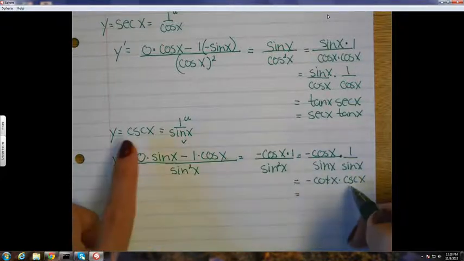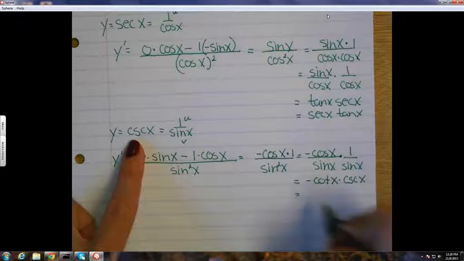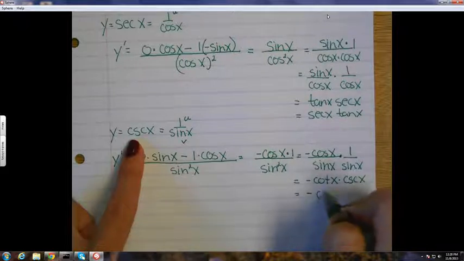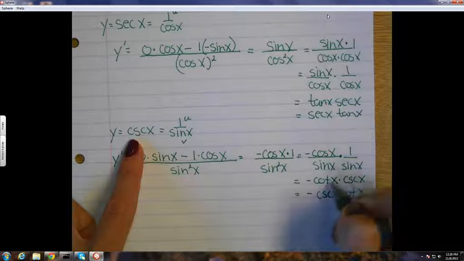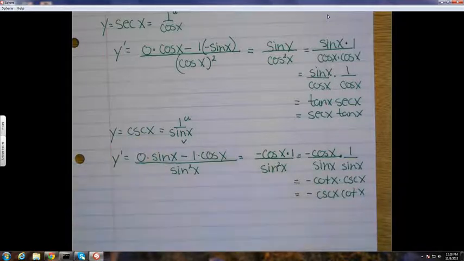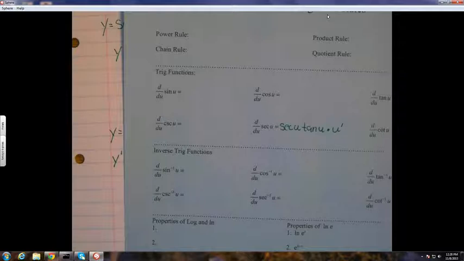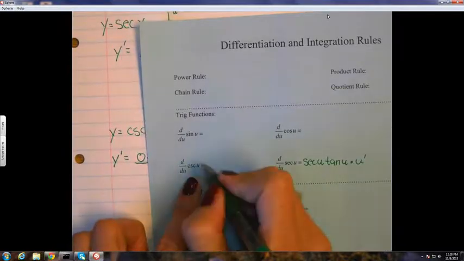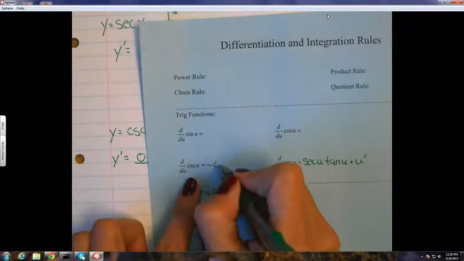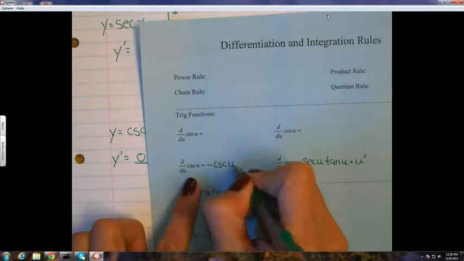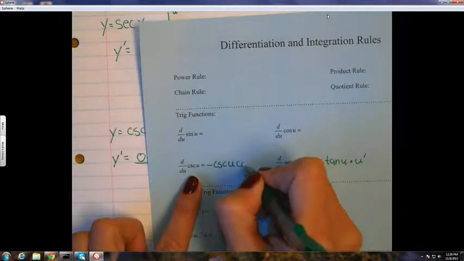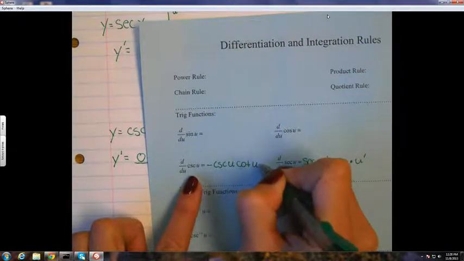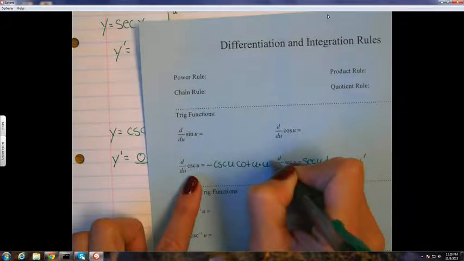So the derivative of cosecant, the rule is going to be negative cosecant x, cotangent x. Just switching the order there. So, add that new rule to your blue sheet. Cosecant is negative cosecant of the angle, u, times cotangent of the angle, u, times the derivative of the angle, u prime.